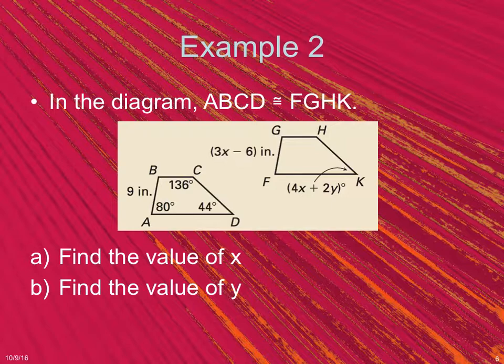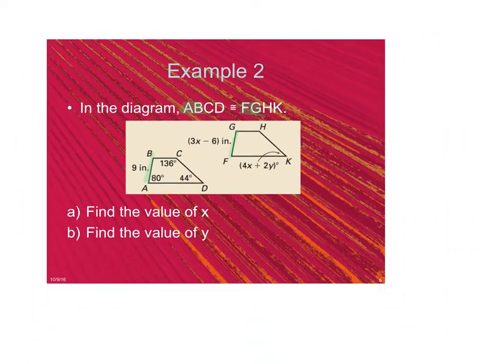It wants me to find the value of X and the value of Y. Notice in the statement, first two letters AB, FG, first two letters, that tells me that those two sides are going to match up and that they are congruent.